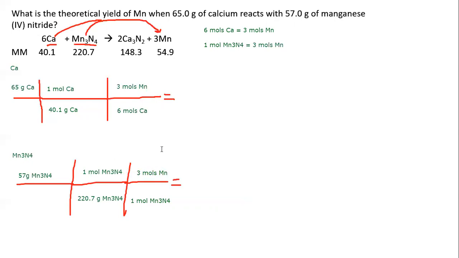And now we can determine the moles of product produced by each reactant.